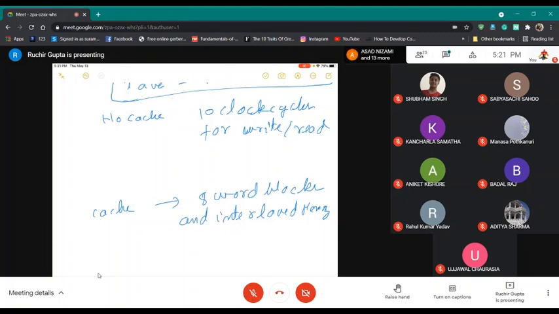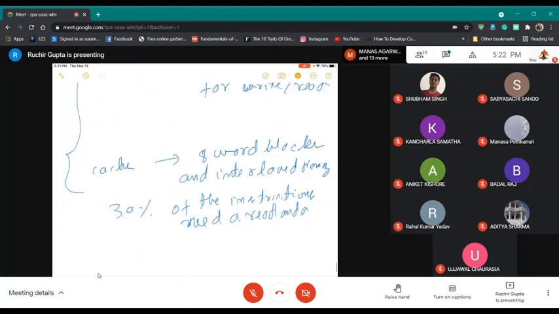And assume that in both cases 30% of the instructions need a read and a write.